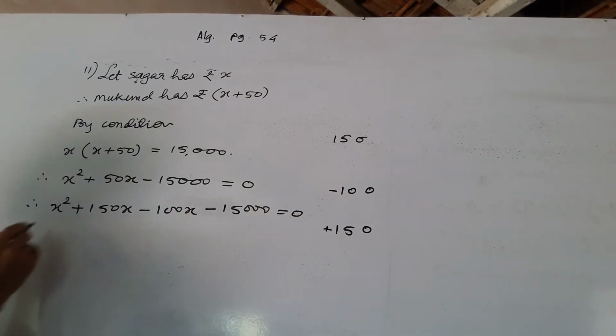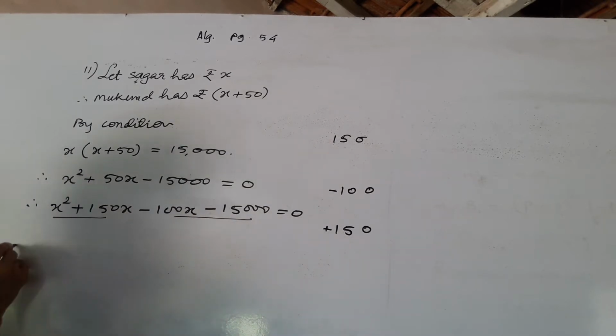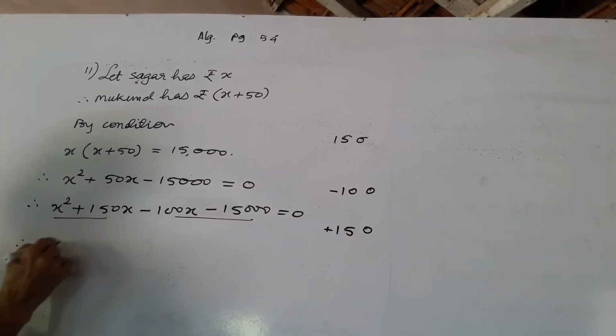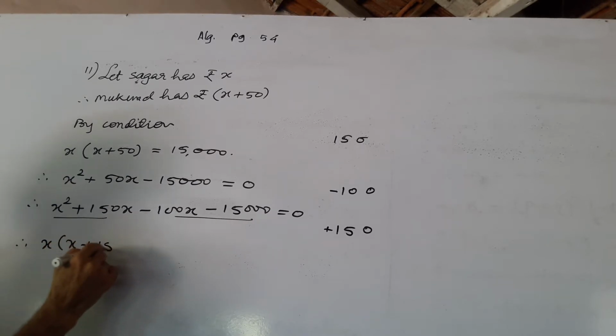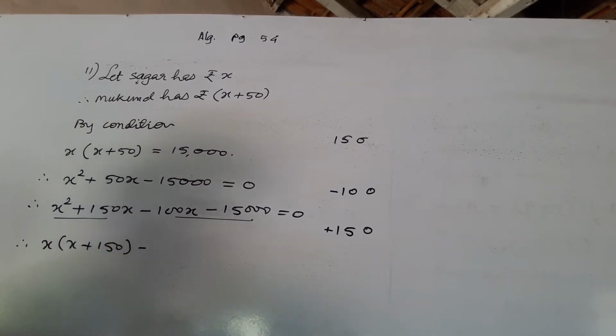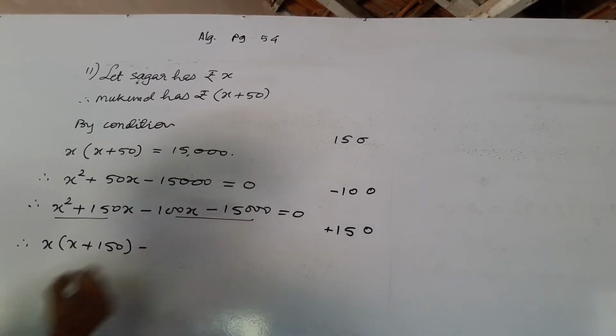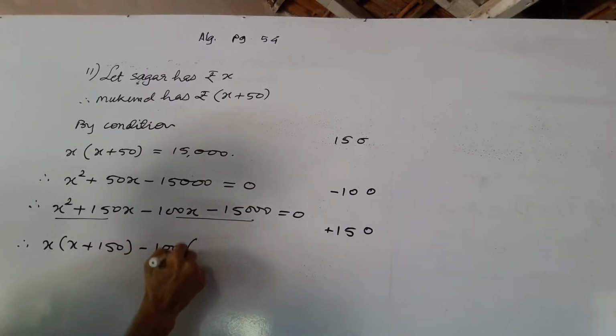that is equal to 0. Now as usual, make two groups. From the first group take x common, so we get x plus 150 in the bracket. From the second group, minus, and again add 2 zeros there, so 100 is common. X is not common, only 100 is common, so we get x minus 100.